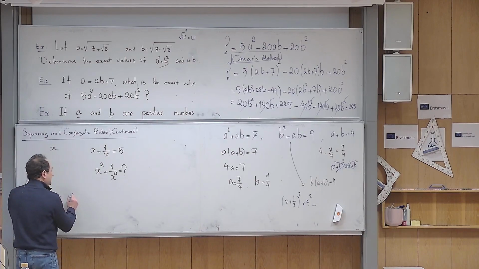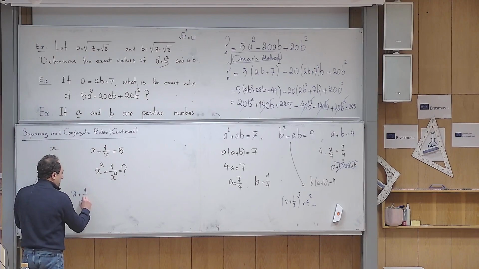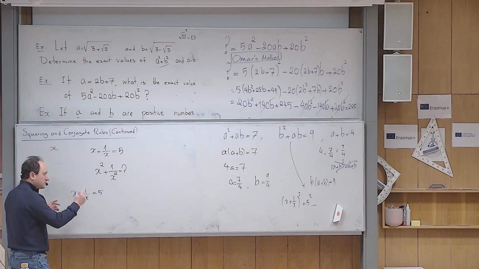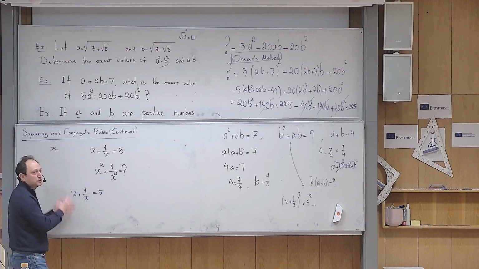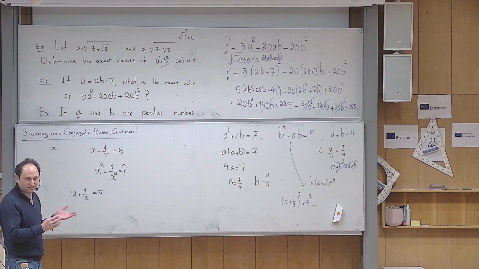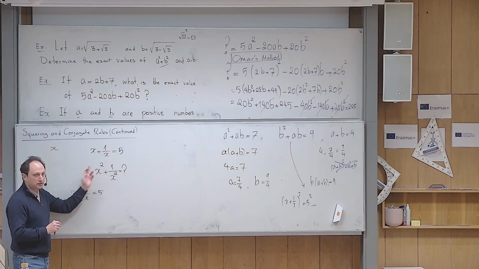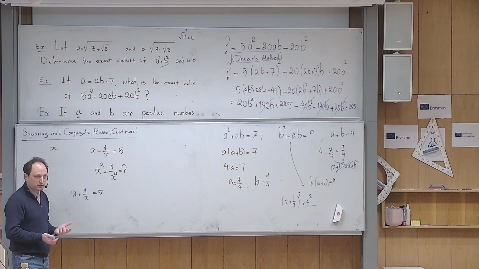So, you would say that x plus 1 over x is what? Is 5. You understand that raising to power 2, how many of you really understood that it has something to do with the squaring? Yes? Okay, that is enough. Because you realize there is a power of 2 here, so it might be helpful if I square it.